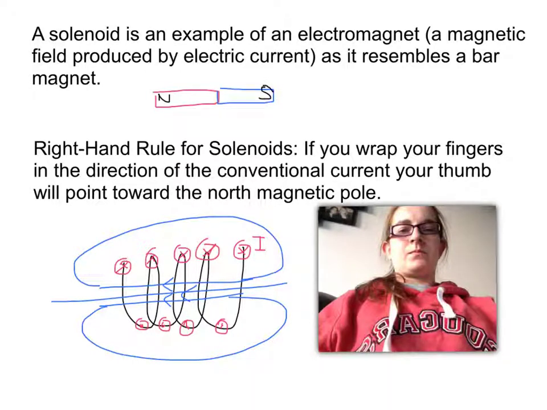So let's think of that bar magnet, because the solenoid, it turns out, is an example of what we call an electromagnet, which is a magnetic field produced by an electric current. In this case, it resembles a bar magnet. Remember our bar magnet has field lines that come out of the north and go into the south.